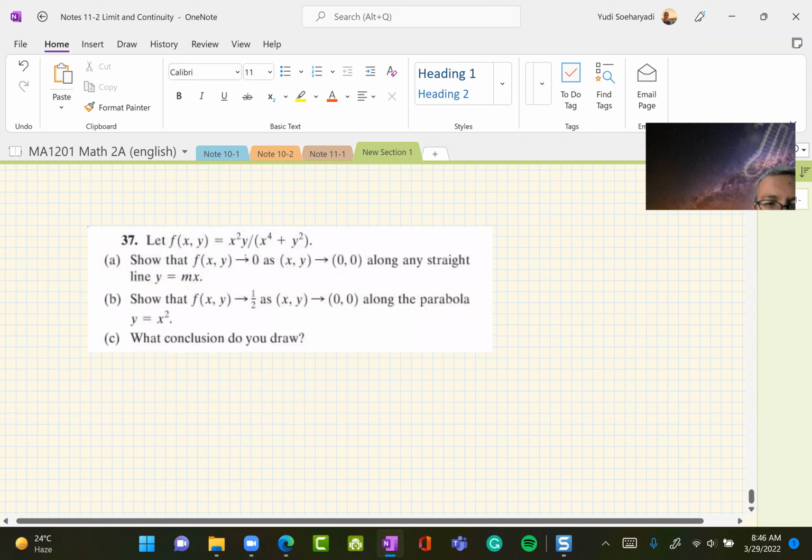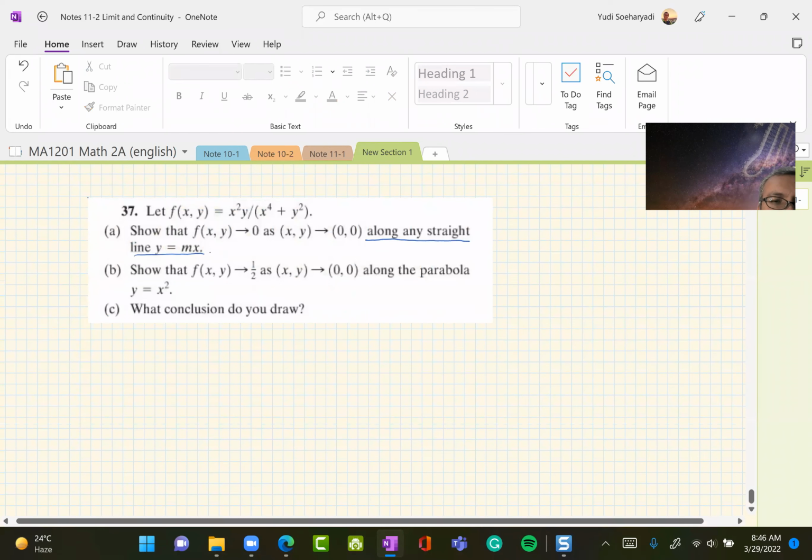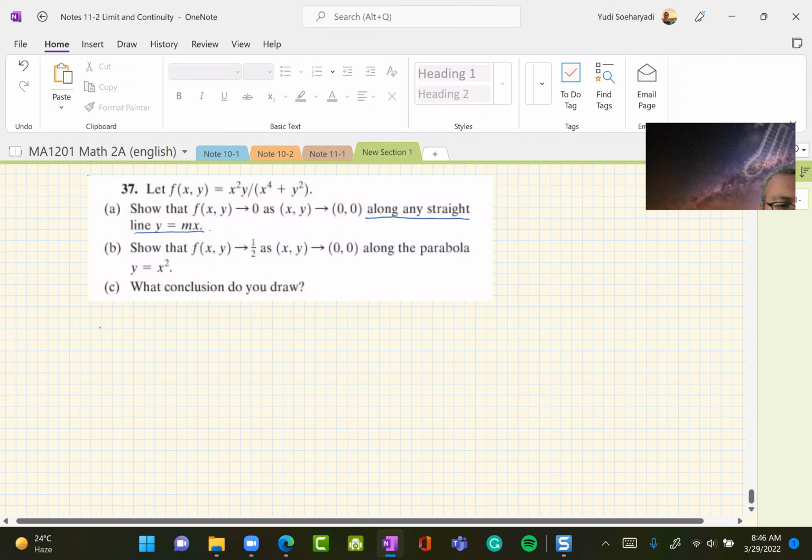Given an f like this, we show that f(x, y) approaches 0 as (x, y) approaches (0, 0) along a straight line y equals mx. Okay, so that means the limit as (x, y) goes to (0, 0), but y equals mx.